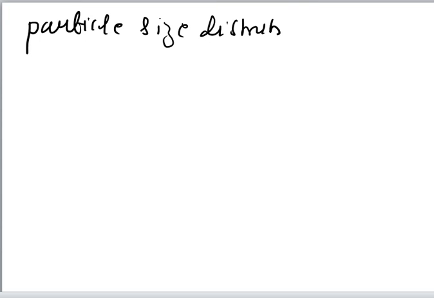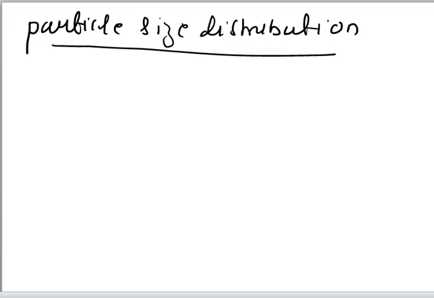So, particle size distribution. What is the aim of making particle size distribution?